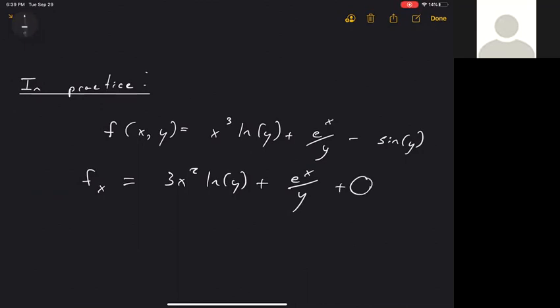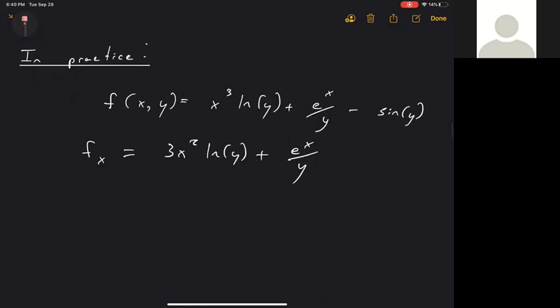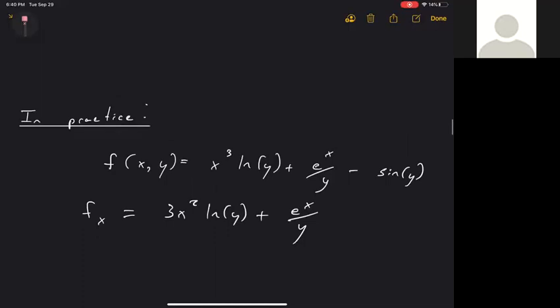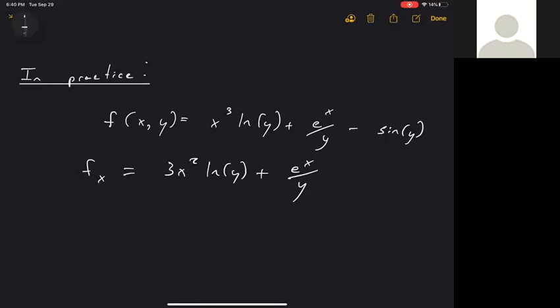So this is my partial derivative of f with respect to x: 3x squared ln of y plus e to the power x over y. There are no new differentiation techniques as far as the mechanics go. It's just holding y constant and differentiating with respect to x normally. So that gives us our partial derivative of f with respect to x.